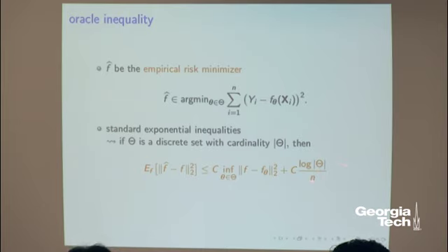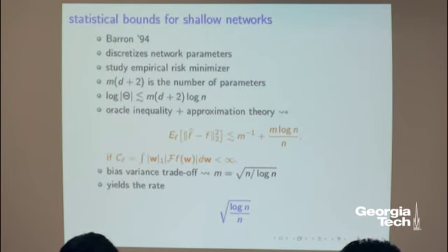Okay, so we have been talking a lot about the approximation properties, so you can stick that in here, and then for the variance part, you essentially have to count how many parameters you have in your space. If you have to discretize, then you get a trade-off: if you have too few parameters, you get bad approximation rates. If you make them too dense, you get large variance. Okay, so this is the thing.